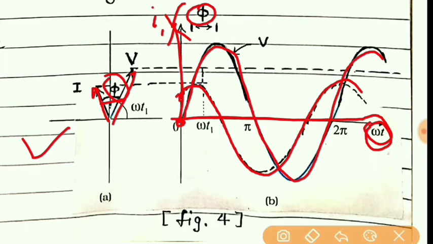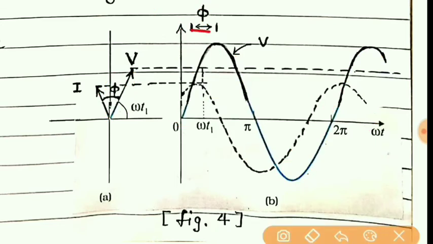It is clear that the maximum value of V and the maximum value of I have some difference between them, and that difference is the phase phi.